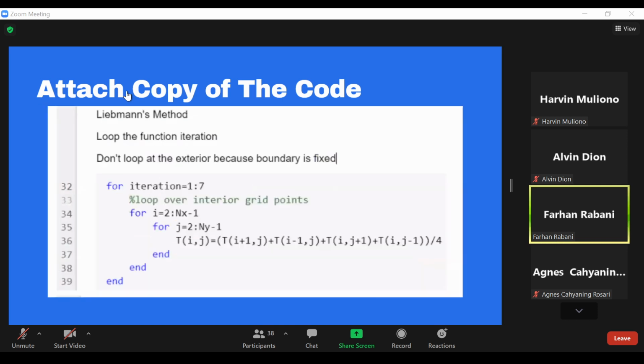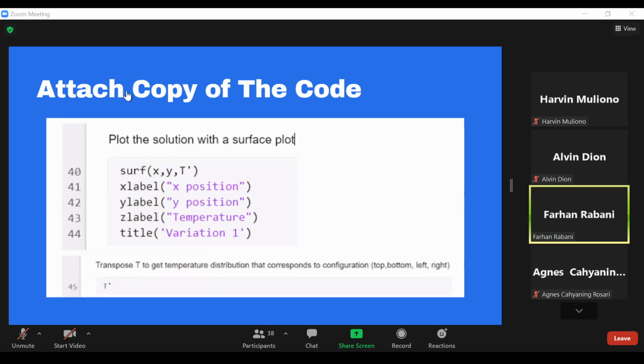Next, we plot the solution with a surface plot using this code, label the x, y, and z coordinates, and name the title. The last thing we do is transpose T to get the temperature distribution that corresponds to the configuration.